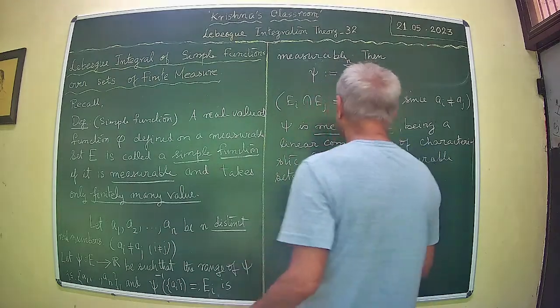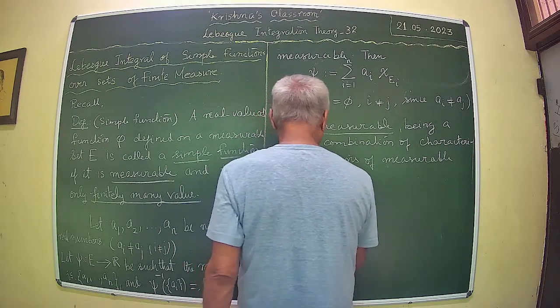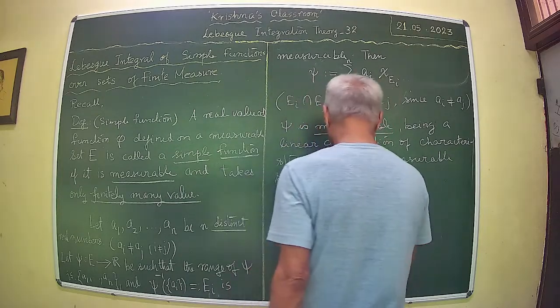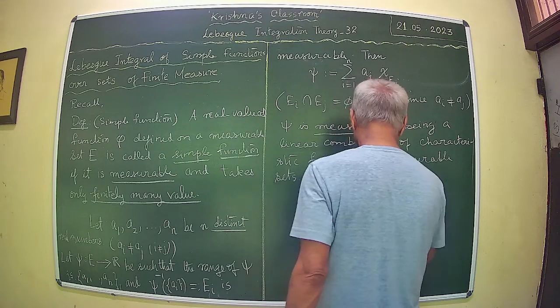Now we have Ei. The Ei's are essentially the set of all x belonging to E for which psi of x equals ai.